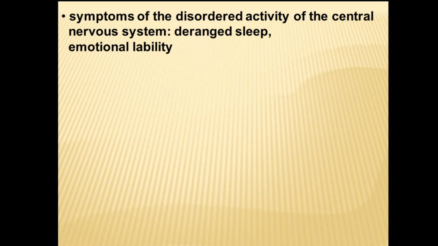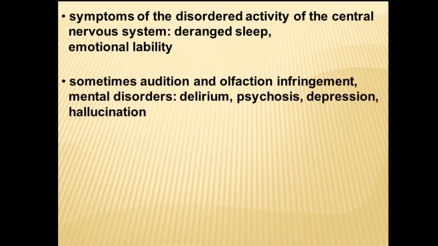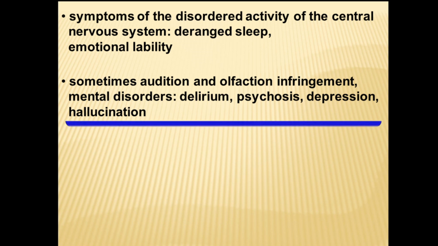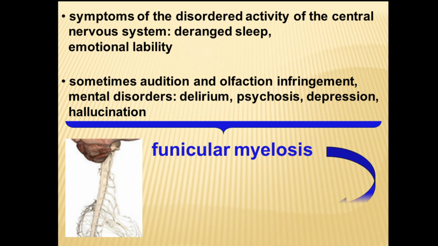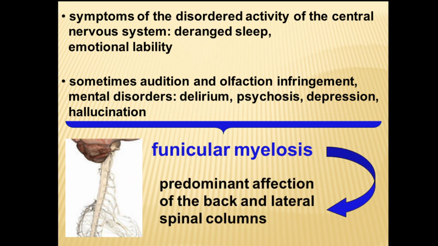Later, we can reveal symptoms of disordered activity of the central nervous system. Primarily, it is manifested with deranged sleep and emotional lability. Later, with some mental disorders and disordered behavior of the patient, predisposition to psychosis, delirium, depression, hallucination, in other words uncontrolled psychic state of the patient. All these problems appear due to decreased formation of deoxyadenosylcobalamin and formation of funicular myelosis.